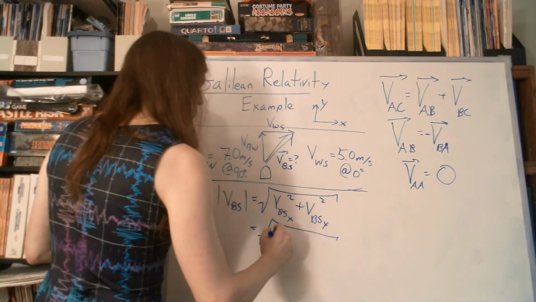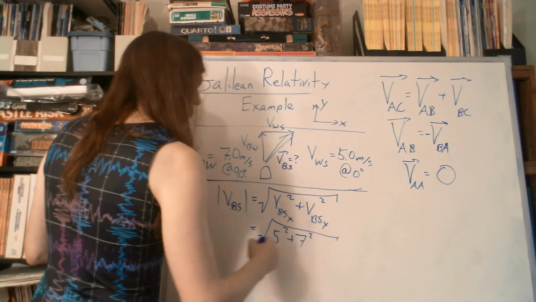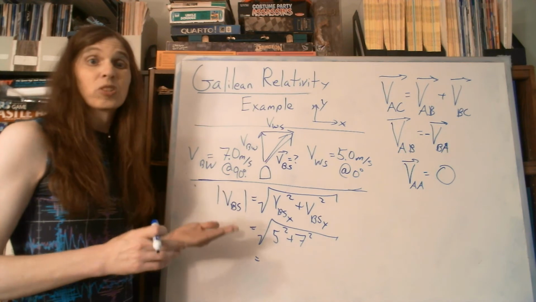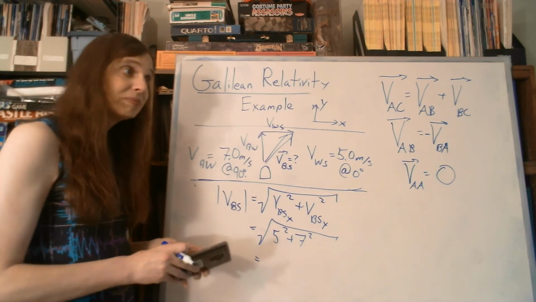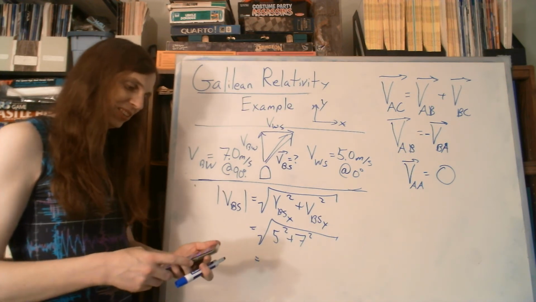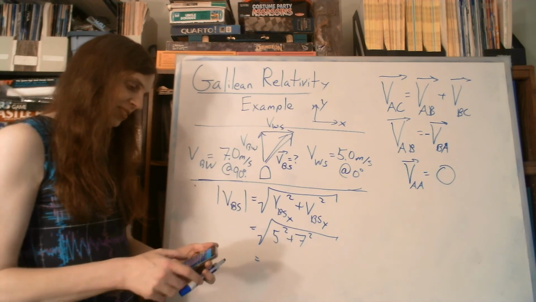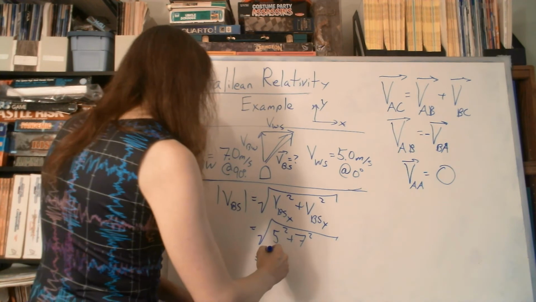So it's the square root of 5 squared plus 7 squared, so square root of 74. More than 8 and less than 9, a little less than 9 for that. So what is it exactly? 8.6 meters per second.